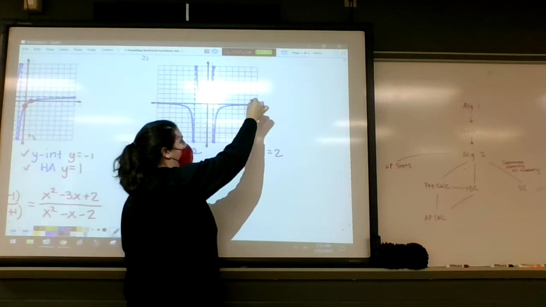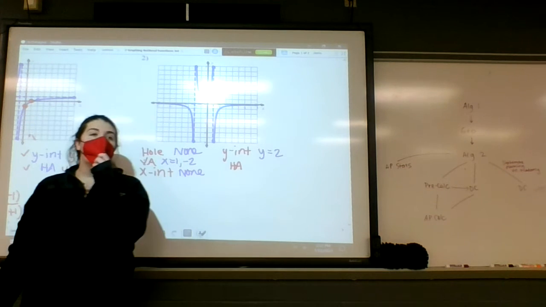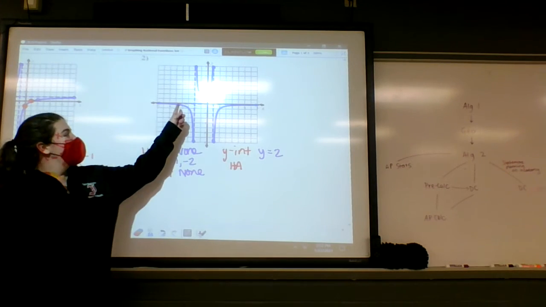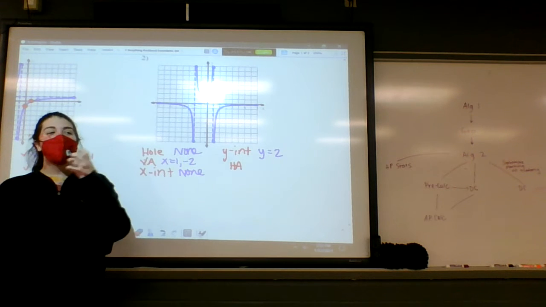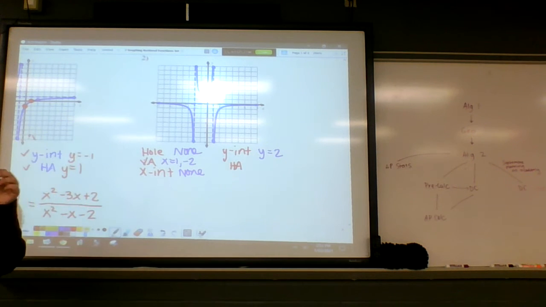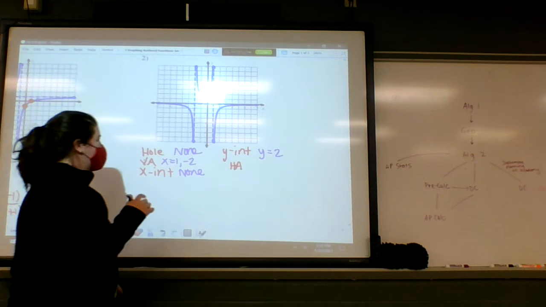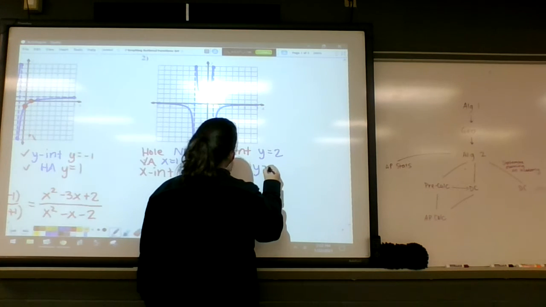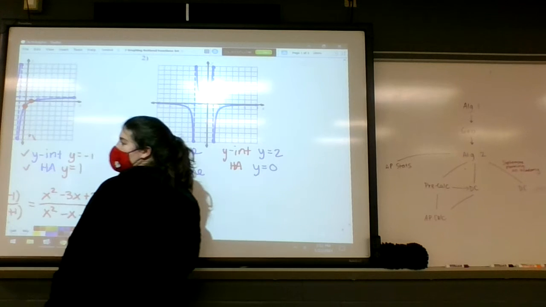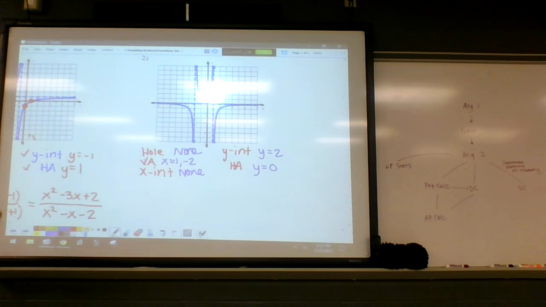That's a horizontal asymptote. You can probably not see it, but there is a dotted line. You just can't see it because it's over top of the x-axis. Sometimes your eyes deceive you a little bit, so check out the ends. If you don't see a dotted line, it doesn't necessarily mean there's not one there. It might be hidden on an axis.